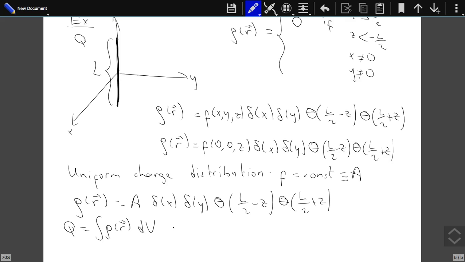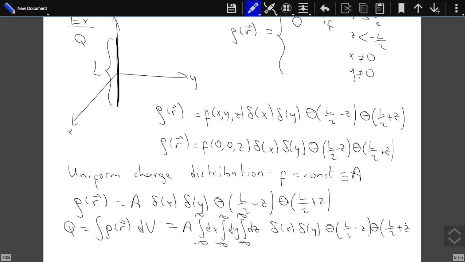This is equal to A times the integral over x, y, and z from minus infinity to infinity of Dirac delta x, Dirac delta y, theta of L over 2 minus z, theta of L over 2 plus z.